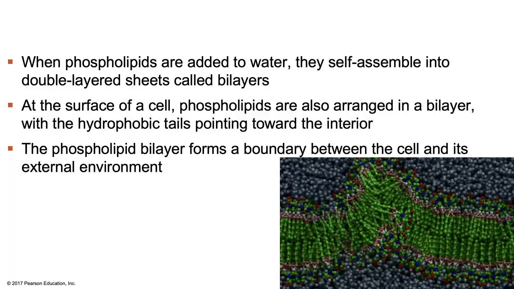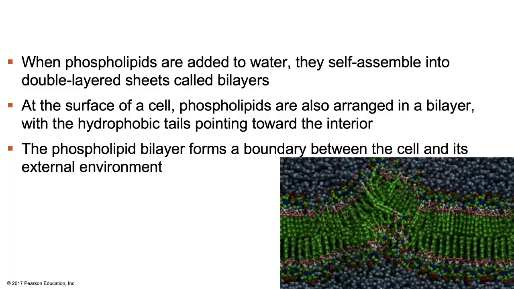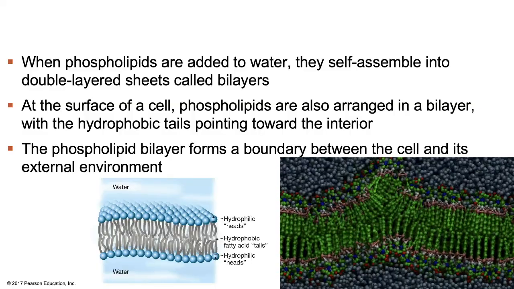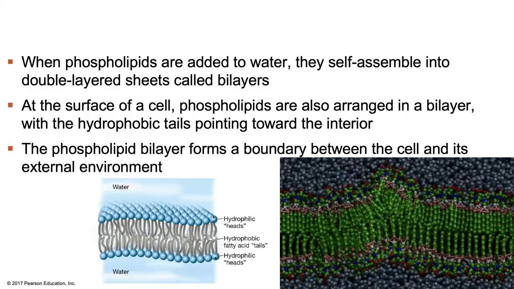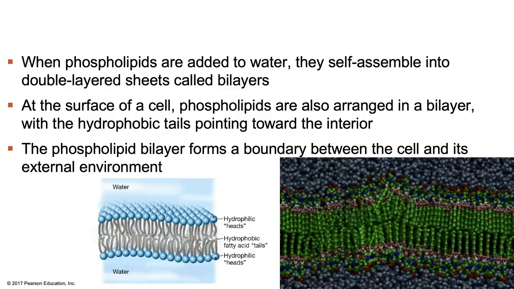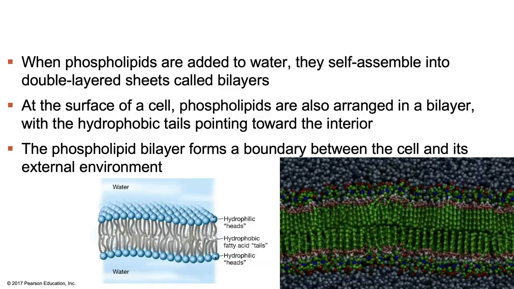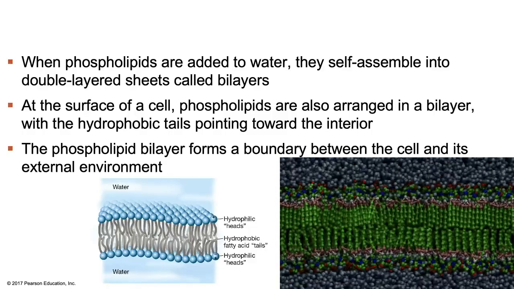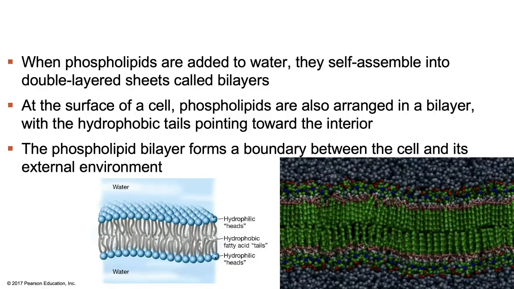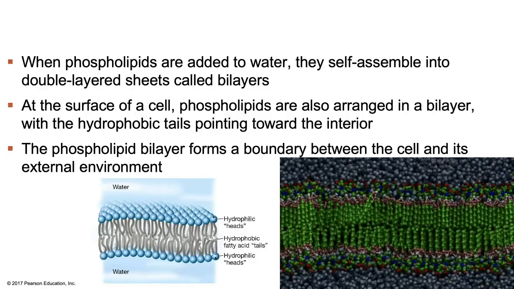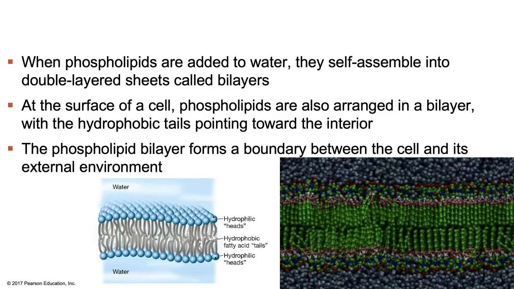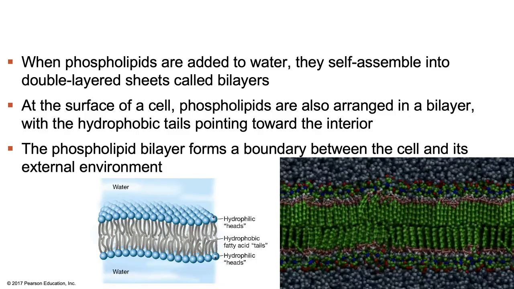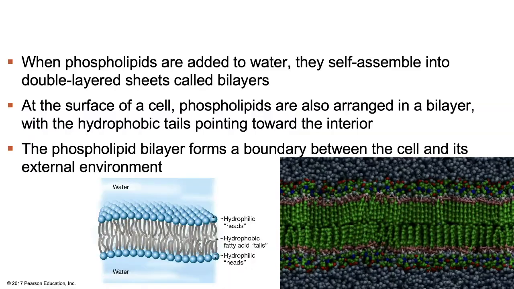In this way, phospholipids will rearrange themselves so that the polar heads are on the outsides of the phospholipid bilayer in contact with water, and the hydrophobic tails orient themselves inward toward the interior. This forms a highly effective boundary between the interior of the cell and its external environment. And we'll learn more about this in the next couple chapters.